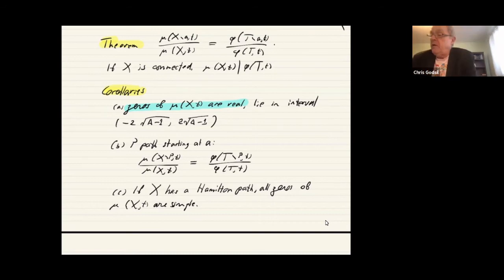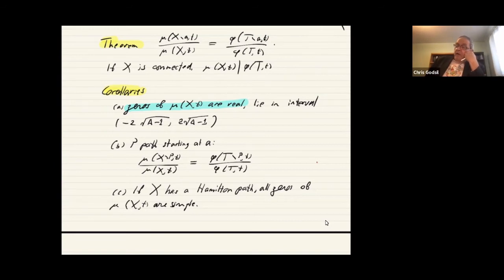Now, you can generalize. There's really more, as a corollary stated here: instead of just deleting a vertex A, I can delete any path starting at A. And so then I get the matching polynomial of x drop P over the matching polynomial of x is equal to the matching polynomial of T drop P over the matching polynomial of T. Now, it's not trivial, but there's a theorem that tells you that if you delete a path in a tree, the multiplicity of the eigenvalues doesn't drop by more than 1.